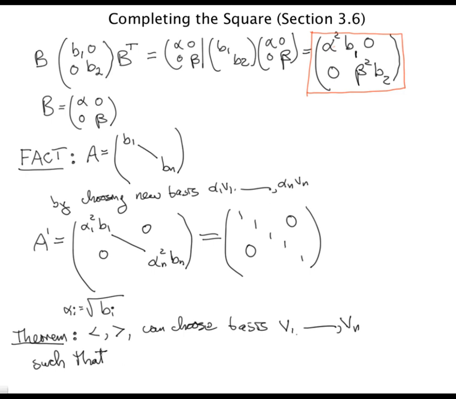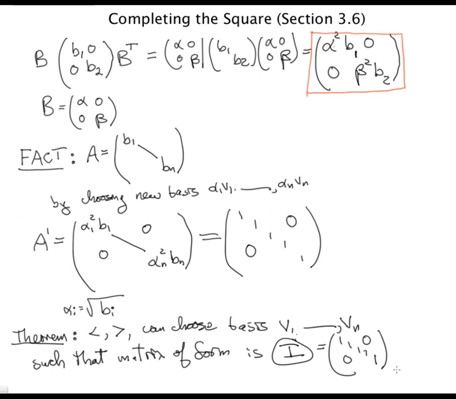And if you're smart about the way you choose the basis, then the matrix of the form is the identity, which is to say 1s on the diagonal of size n and 0 everywhere else.